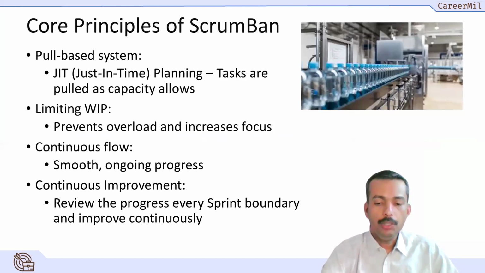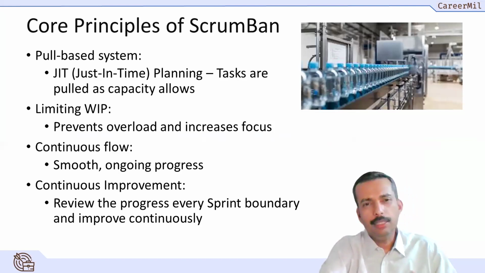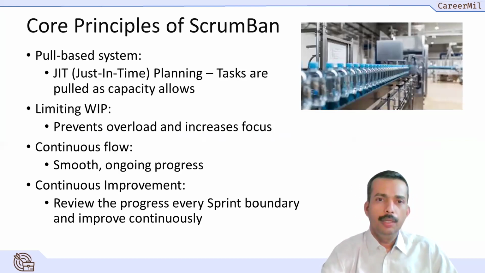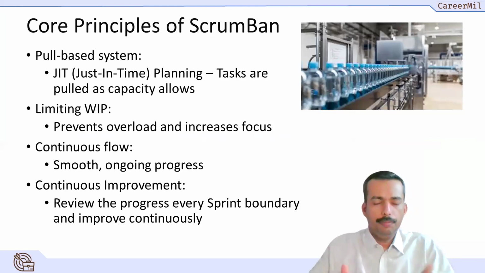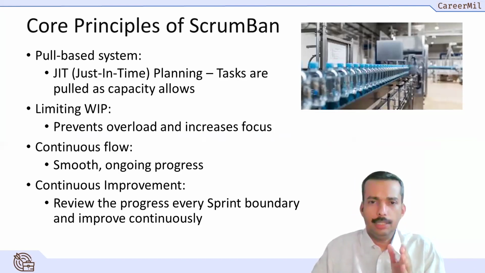And what you want to see happen is that you have limited work in progress, so that there is a smooth flow. What happens is that over a period of time, as you observe this flow, you will realize that there are stages where work is getting stuck.